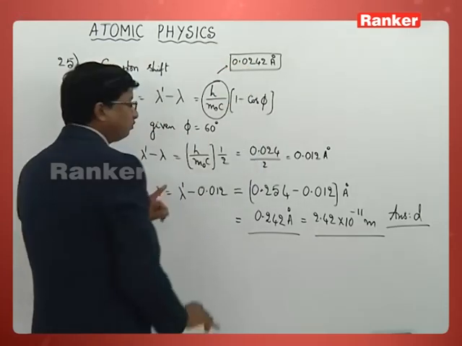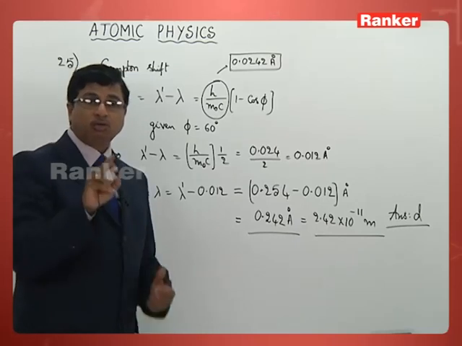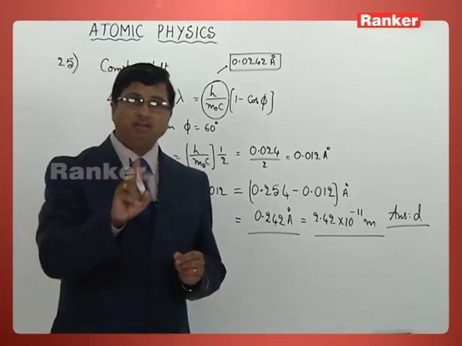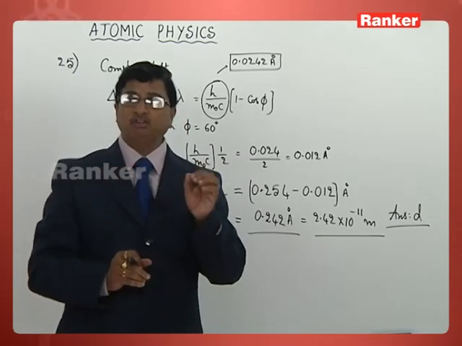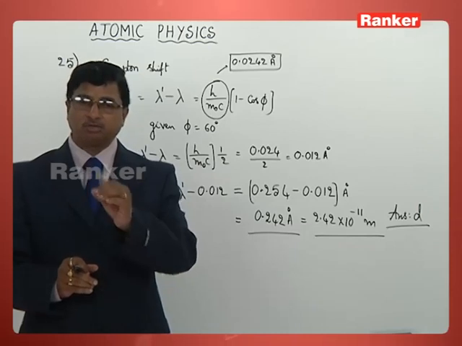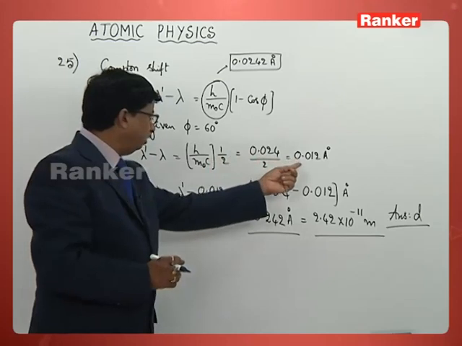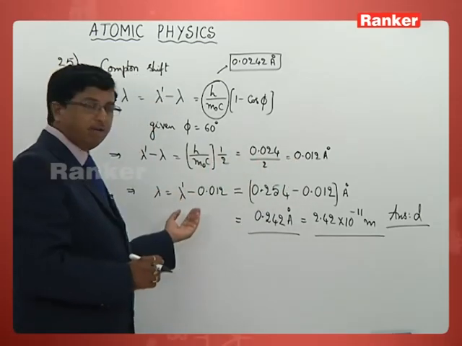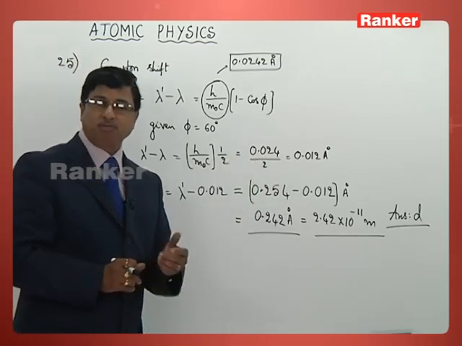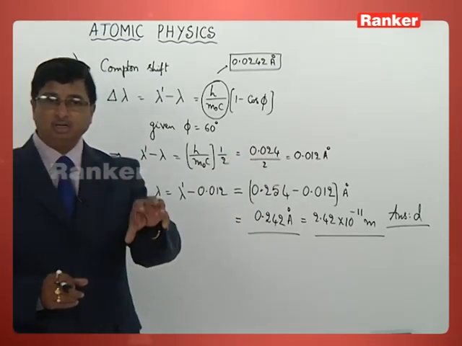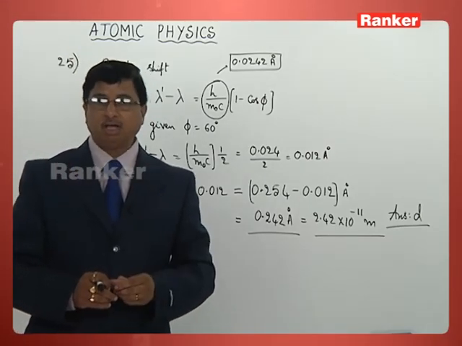Remember this value once and for all. Otherwise it takes a lot of time to calculate that value by writing the values of h, m naught and c in the equation. So 0.0242 angstroms, straight away you can take it. Accordingly, it becomes half of that value. Now you subtract it from the value of lambda dash that has been given, then automatically you will get the wavelength of the incident photon. That is question number 25.